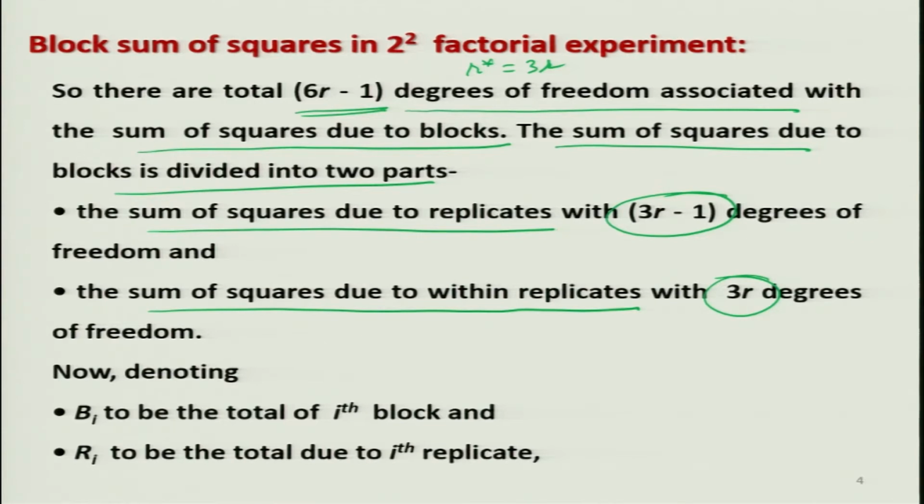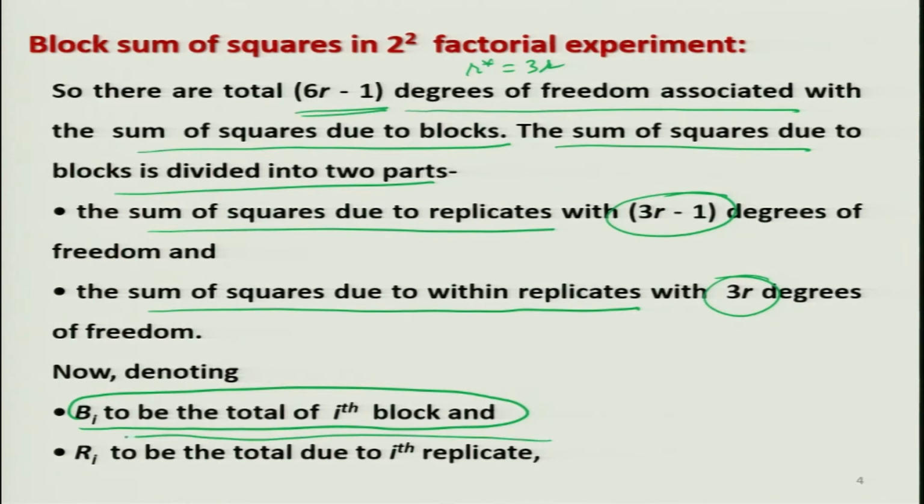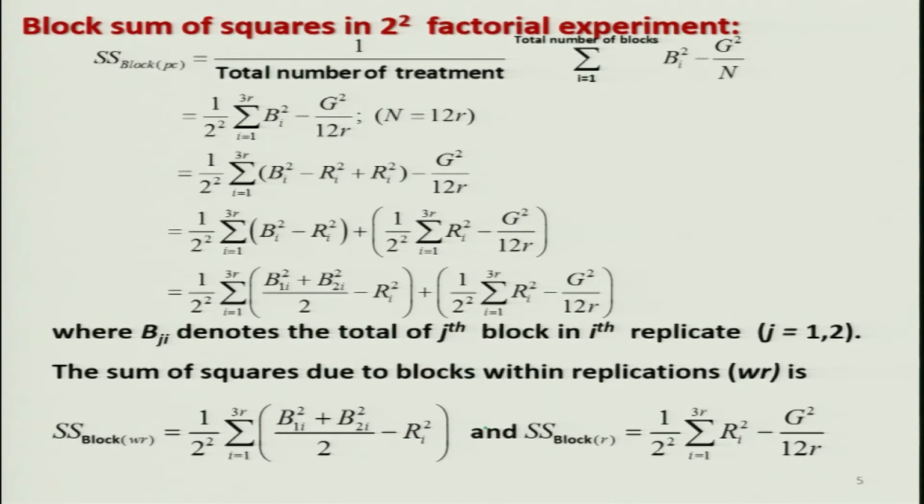So, now we introduce a symbol: B_i to be the total of the ith block, that is the block total as usual, and R_i here is the total due to the ith replicate, right. Now I am writing down the usual definition of the block sum of squares that we used in the earlier cases.